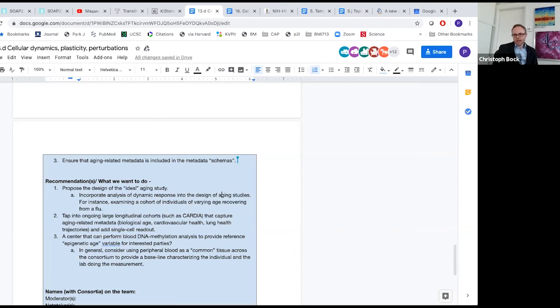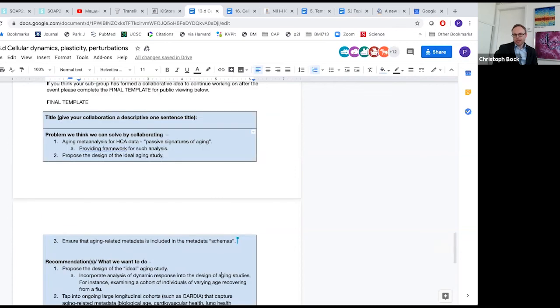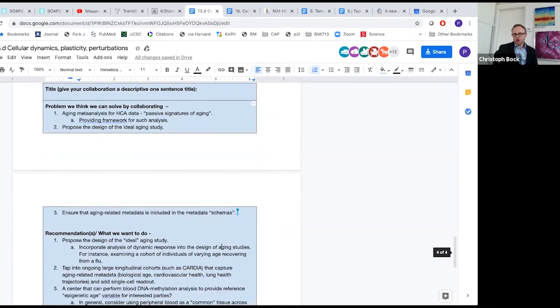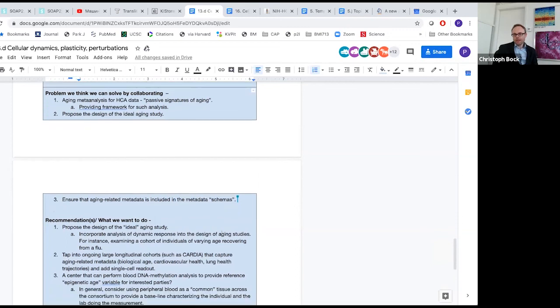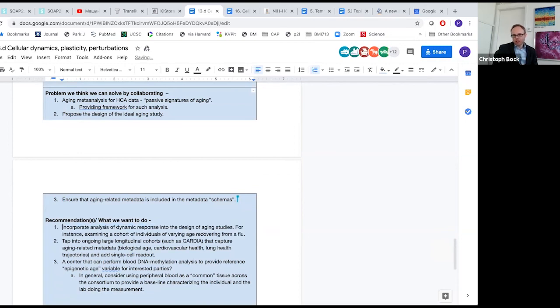And then the second aspect was really the metadata, where we would reach out to the metadata groups of the Human Cell Atlas and make sure that they have enough aging-related metadata included there, and ideally via that path also emphasize the importance of epigenetic age as a form of metadata that needs experimental assaying of peripheral blood, but that would be very valuable for integration and age-related analysis within the Human Cell Atlas.